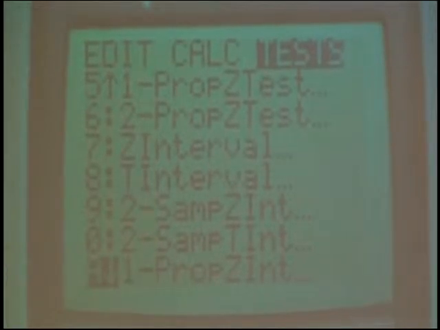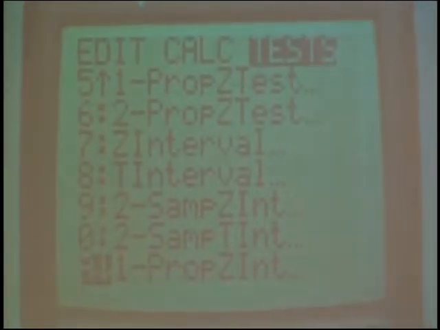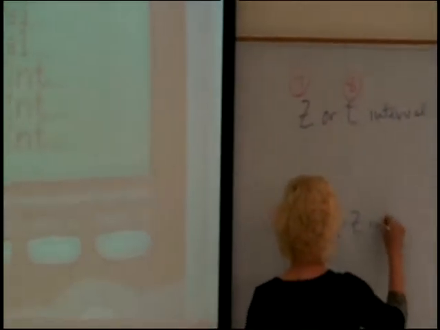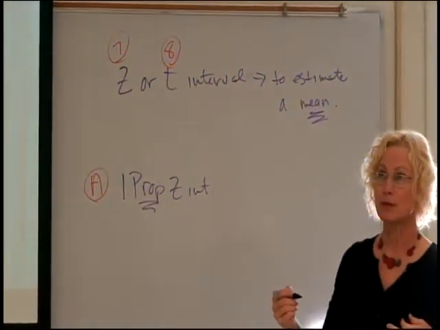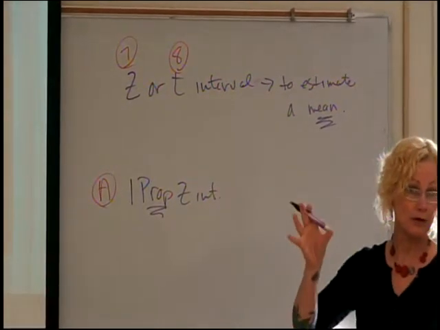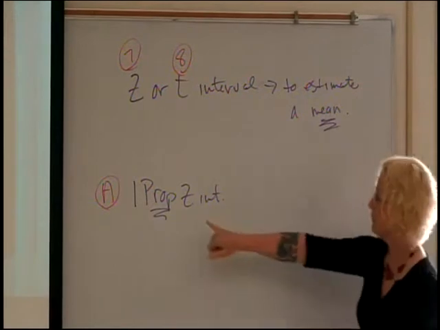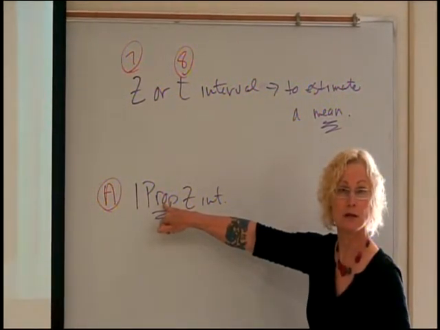So here you want selection A, which is one proportion Z interval. So if you are using a Z critical value or cutoff value, but again, you're estimating a proportion. Okay, is everyone okay with that?